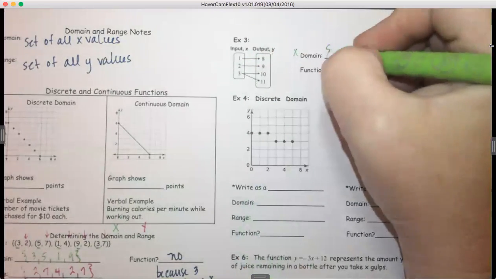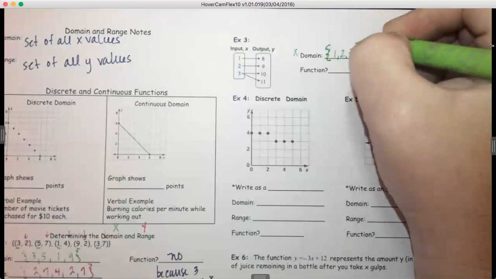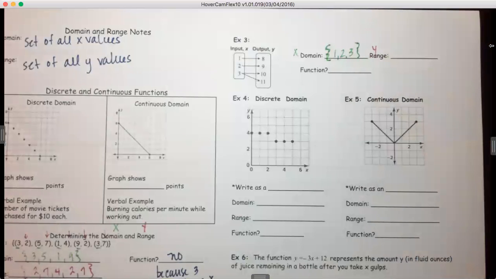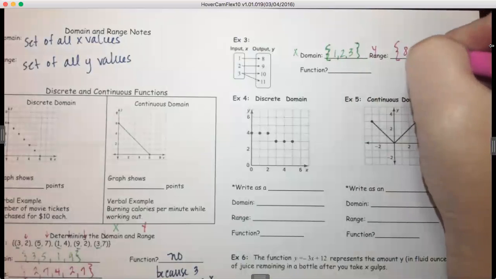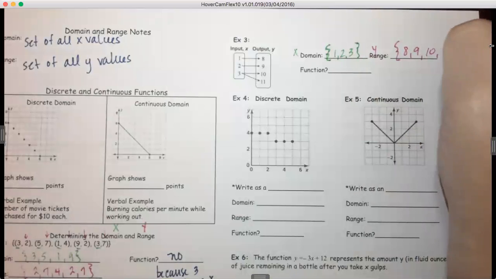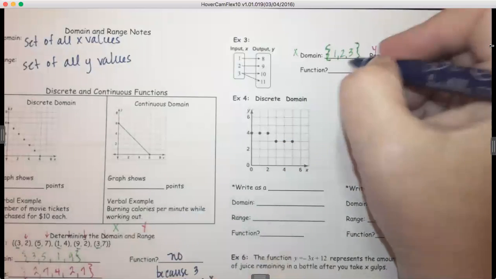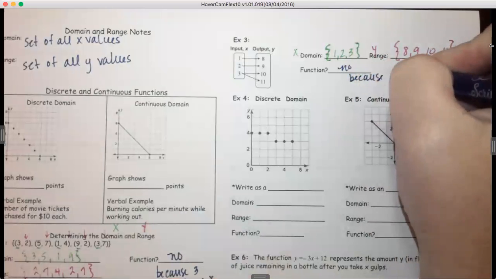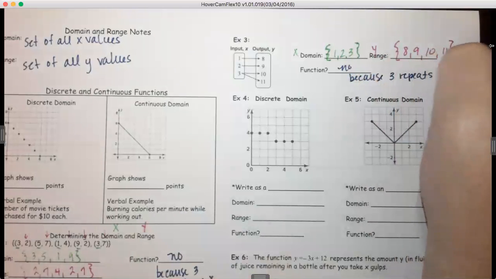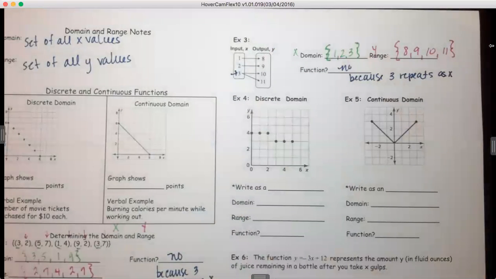And it's okay that they use 3 twice. My brackets are getting a little crazy. Range, 8, 9, 10, 11. There, my brackets are a little better. Function, no, because 3 repeats as x. Right here, 3 does double duty, so it's not a function.